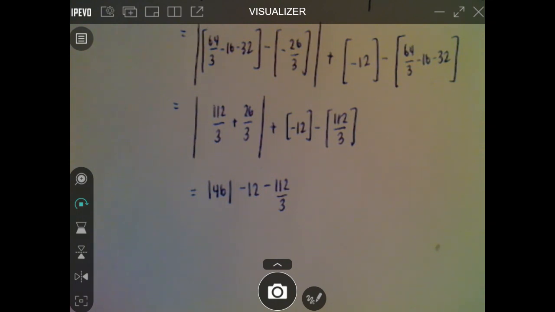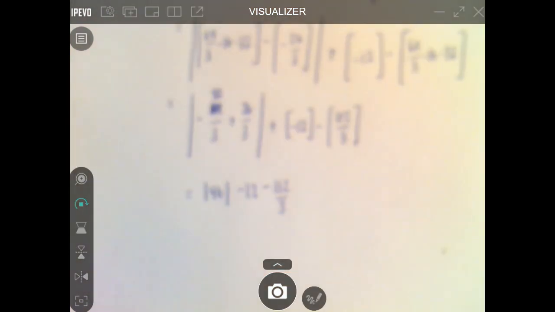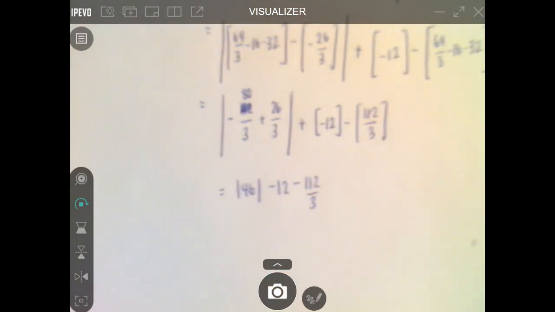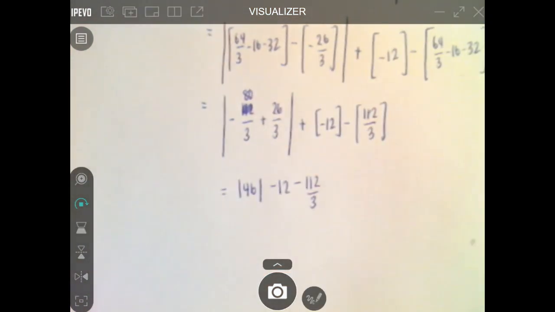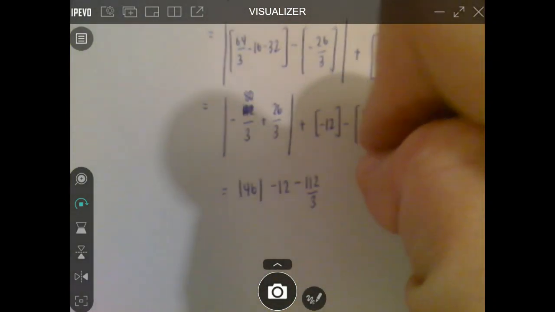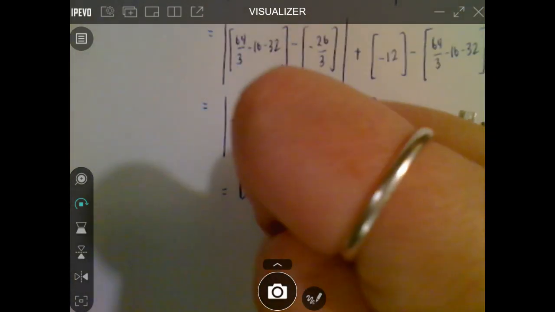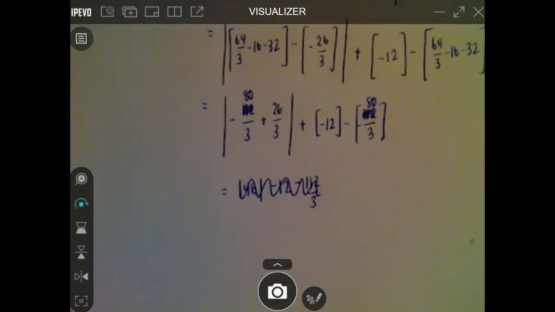Actually, hang on. Okay, let's see. Oops, I think it should be negative 80/3. Okay, made a little algebra mistake there. I think this should be 80 thirds, which would mean that this should be negative 80 thirds.